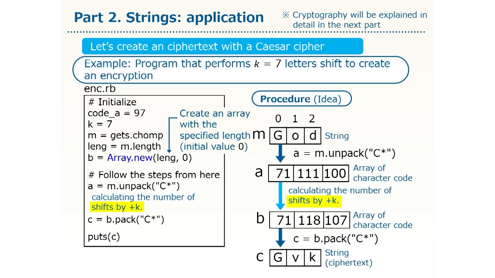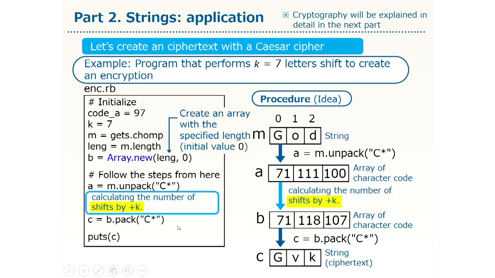Let's set the initial value to 0 for all boxes. In this way, we will put the array in a place named B that provides us with an array to start with. Then we follow steps that we have just discussed to create and output the ciphertext.